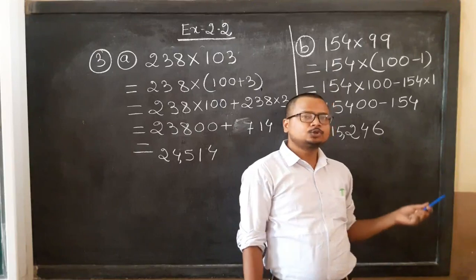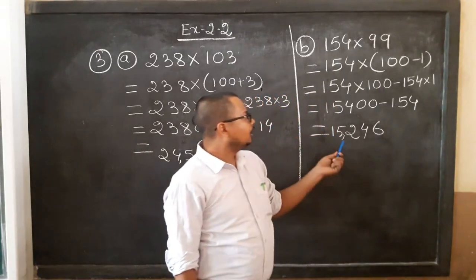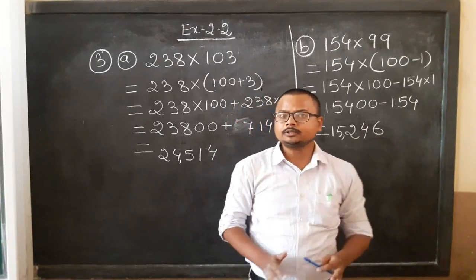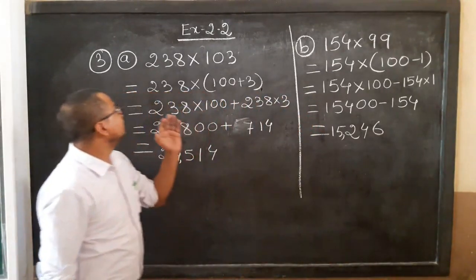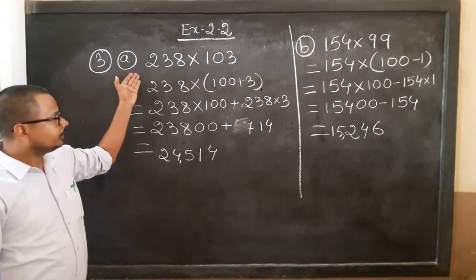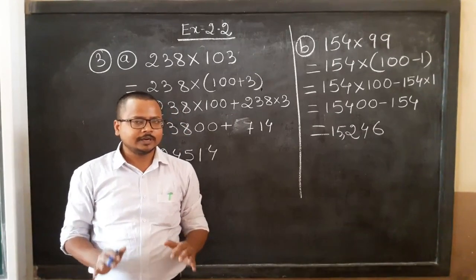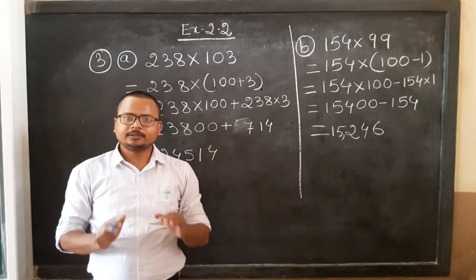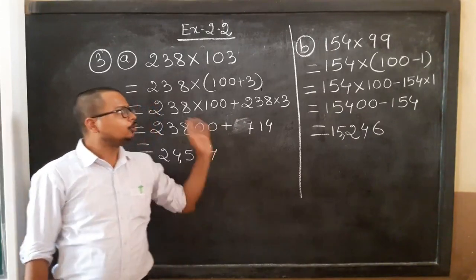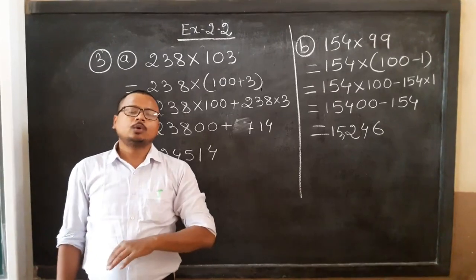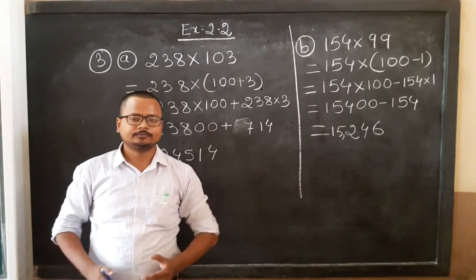After subtracting these two numbers, we get the answer 15,246. So students, in this way you have to solve question number 3. Okay, you have to solve all the questions of question number 3 in your mathematics classwork copy, including these two questions also. Now let us move to question number 4.